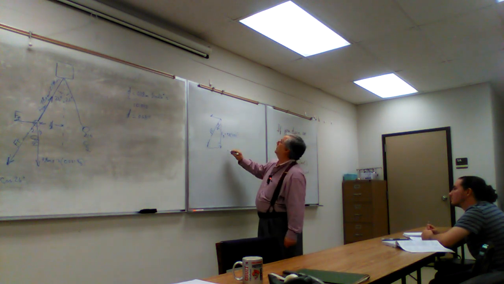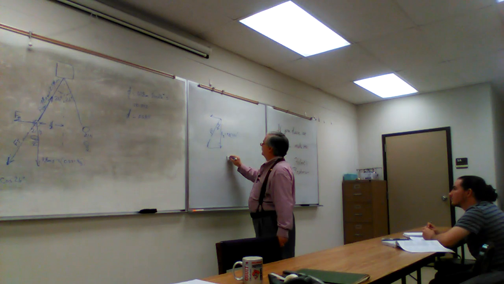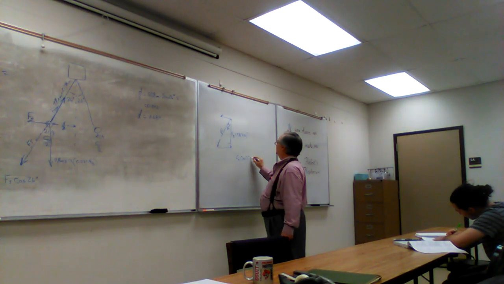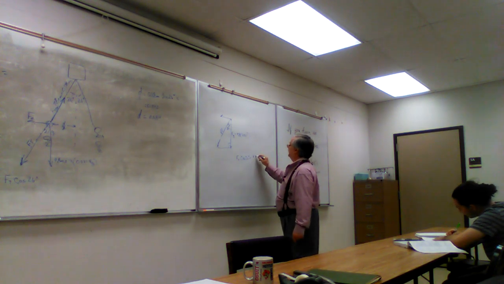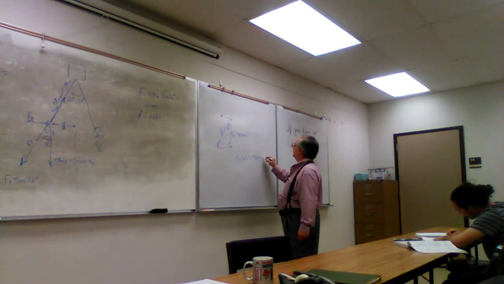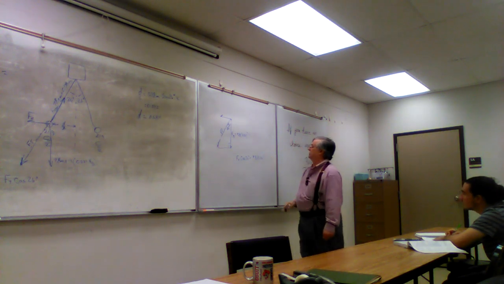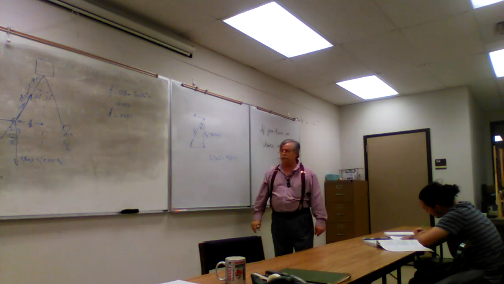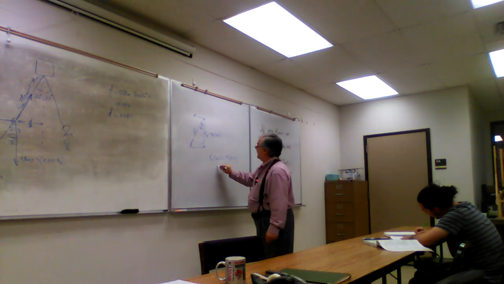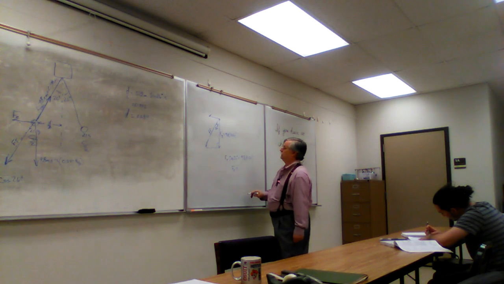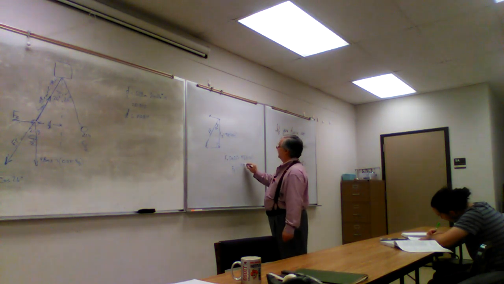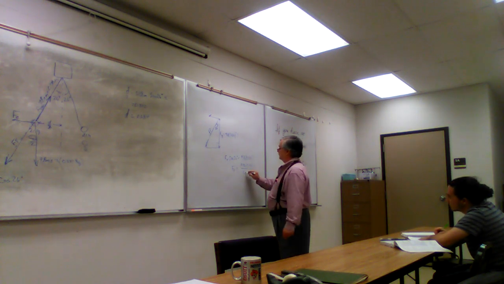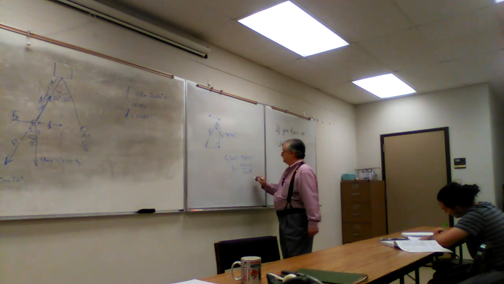So, since we know that force total times the cosine of 26 degrees is equal to 9.8 meters per second squared times 0.021 kilograms, then we can find the magnitude of force total as being 9.8 times 0.021 divided by the cosine of 26 degrees.